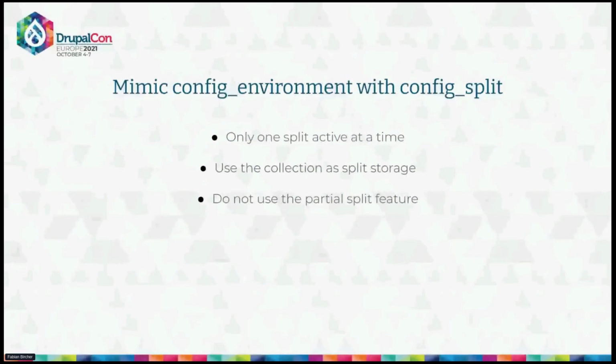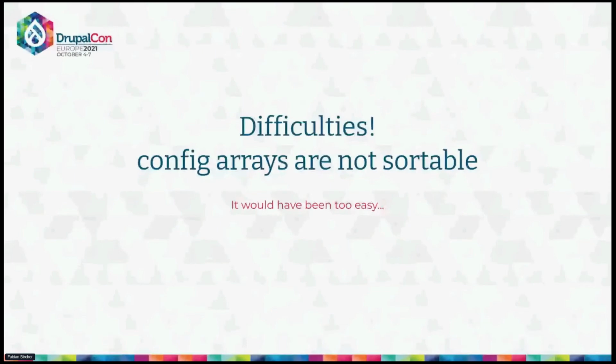Then, yeah, there are some difficulties I found out. One of the biggest ones is that config arrays are not sortable. And that means that when we merge the configuration patches back together, then we don't know how they should be merged.